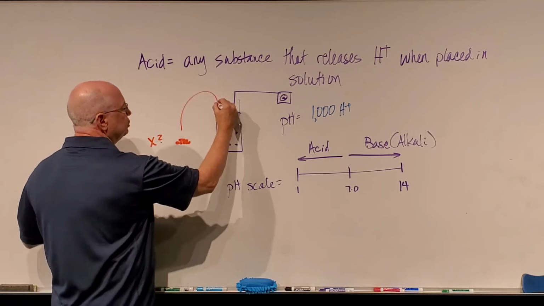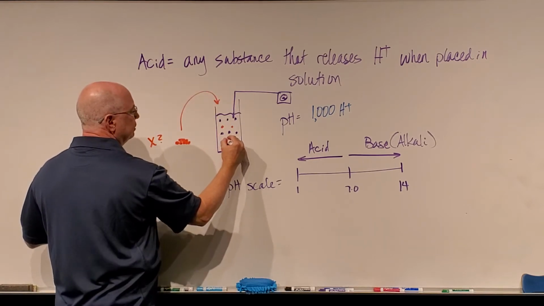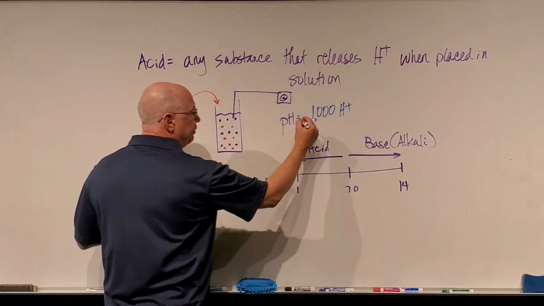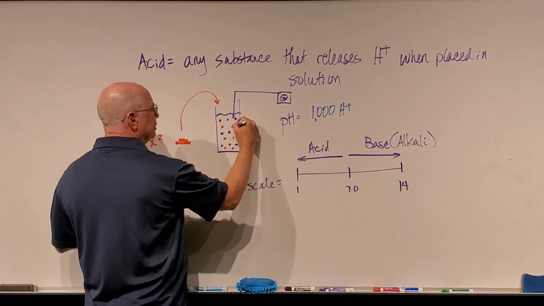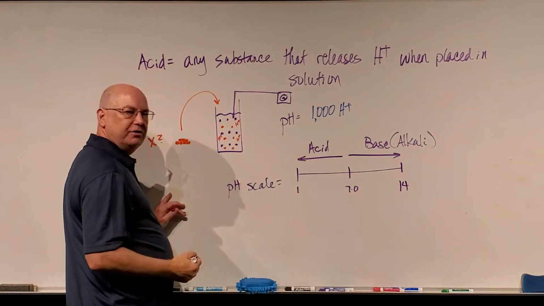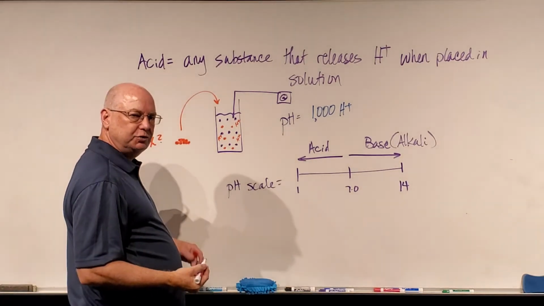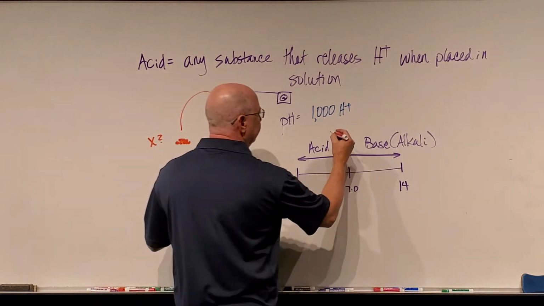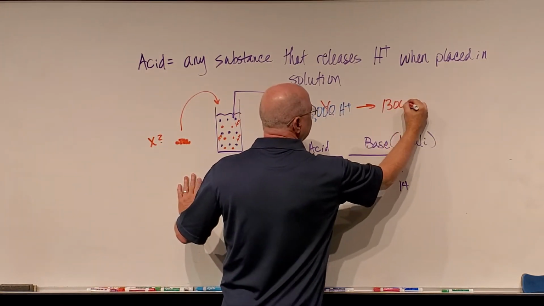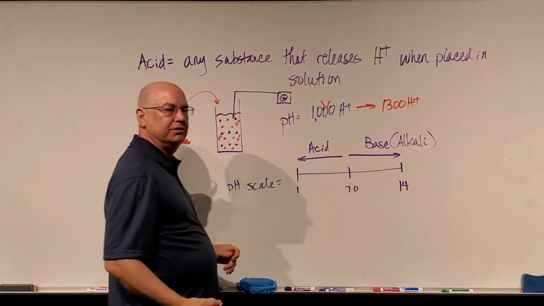If I sprinkle substance X in here and it starts to get uniformly distributed, but now the number of free hydrogen ions, as it comes in, it releases a few more. Let's say another 300. So now this number has gone up to 1,300 free hydrogen ions.